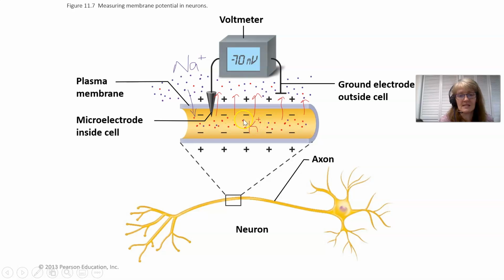Now, this is going to stop when the electrical gradient is such that the positive potassium does not want to leave the cell anymore, because the cell's negative and it wants to stay positive with negative.